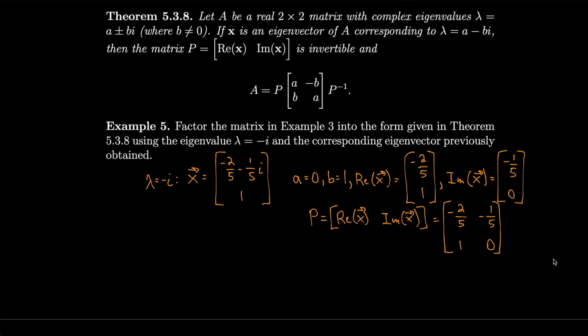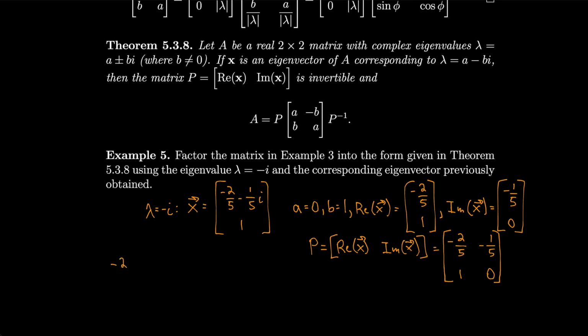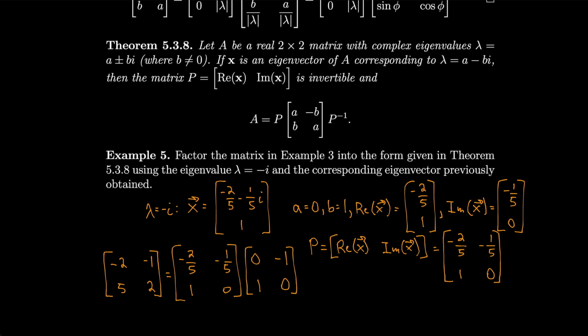So we end up with [minus 2, minus 1; 5, 2] for our matrix from example 3, which we can rewrite as that matrix P, [minus 2/5, minus 1/5; 1, 0], with the real part and the imaginary part, times [0, minus 1; 1, 0], times [0, 1; minus 5, minus 2] for the P inverse, which I sort of squeezed in there a little poorly, and I also didn't show you calculating P inverse, but it's not too hard because it's a 2 by 2 matrix.